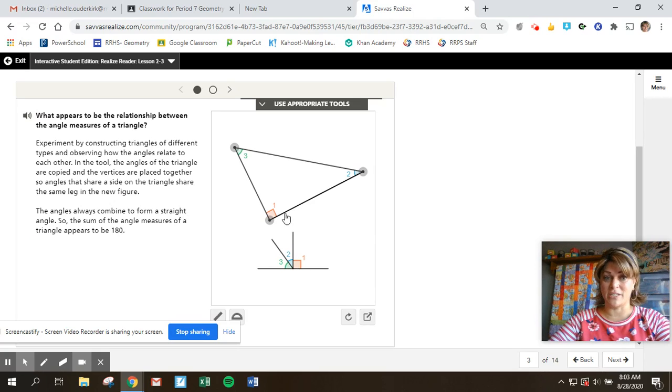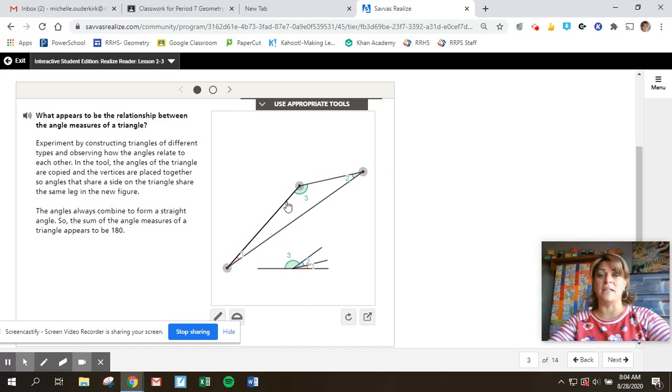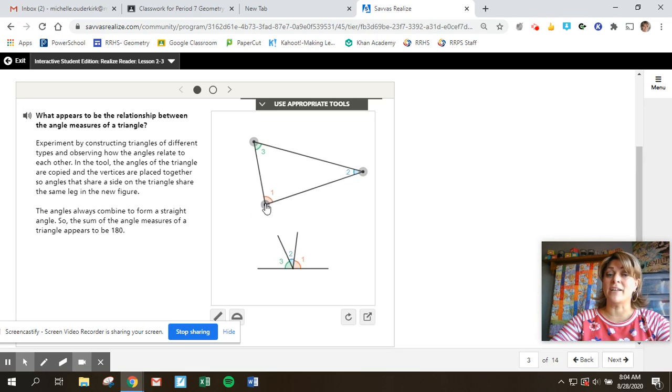That's not true for just this triangle. It's true for every triangle. No matter what I do to manipulate this triangle, look how huge angle 3 is, but angles 1 and 2 with 3 still make a straight line. So hopefully you know that angles on a line make 180 degrees. Well, all triangles do as well.